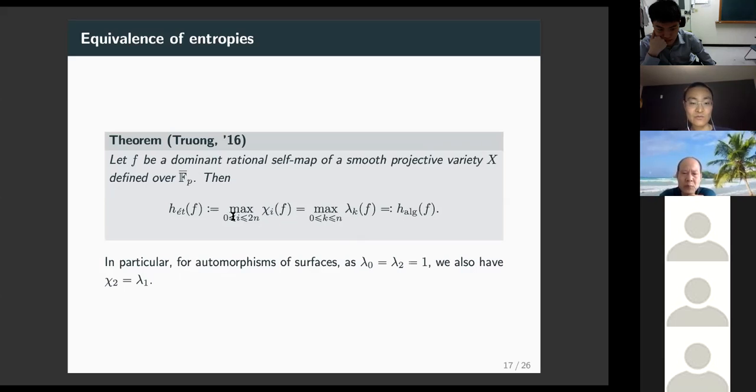And on the left side, now we know chi2 of F is less than or equal to the maximum of chi, which is equal to lambda 1. So chi2 is less than or equal to lambda 1, but we know the other direction. So we know chi2 equals lambda 1 for automorphisms of surfaces. So we don't need the Tate conjecture for K3 surfaces and abelian surfaces.